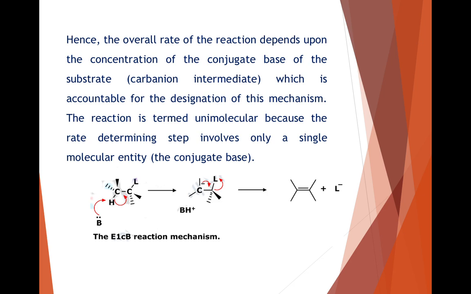Hence, the overall rate of the reaction depends upon the concentration of the conjugate base of the substrate, that is the carbanion intermediate, which is accountable for the designation of this mechanism.